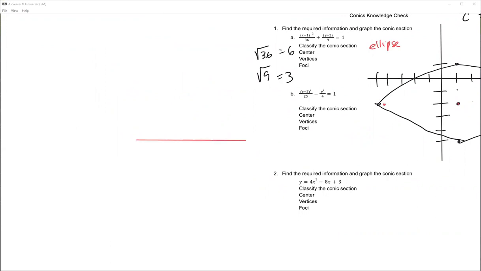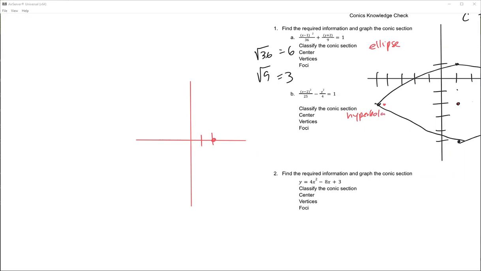So there's the X. Here's the Y. So, classify the conic: this is a hyperbola. And the center is what? 2, 0, right?